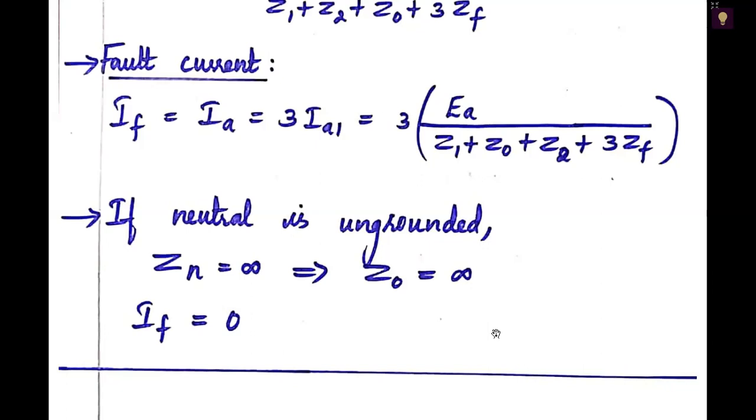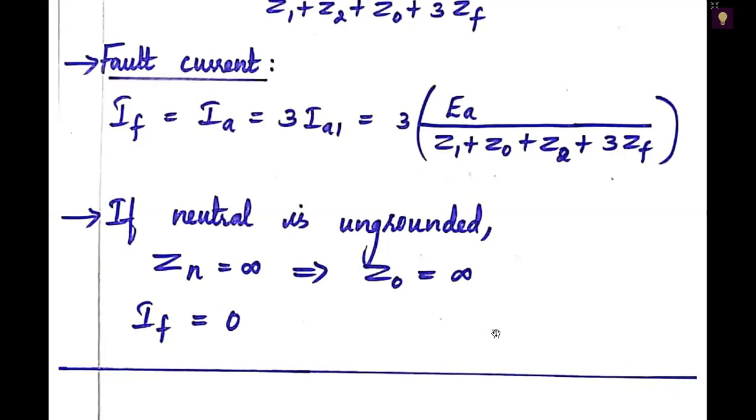The analysis of a single line to ground fault through fault impedance includes the following steps. Step 1: draw the circuit diagram and define the initial terminal conditions at the fault. Then, to conclude how the combined network will be, arrive at equations for the positive, negative and zero sequence components of current and voltage using the matrix relations.